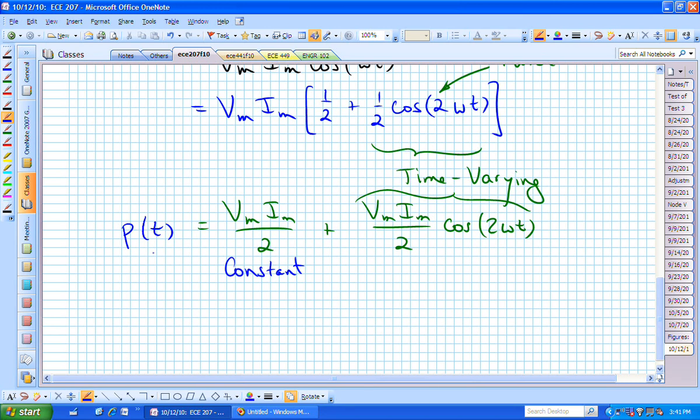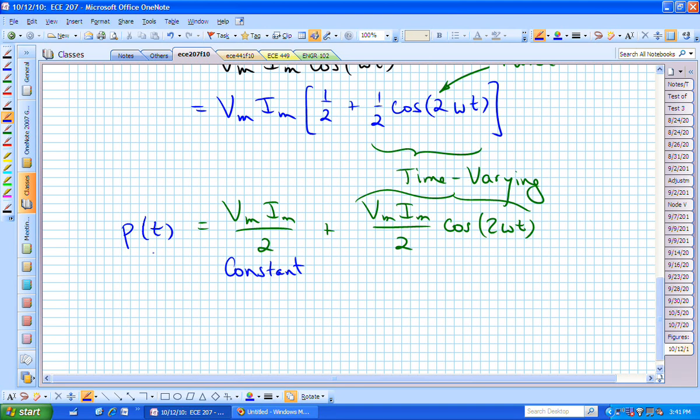And this cosine has two periods within the fundamental period of the voltage or current. What happens if we integrate two periods of a cosine waveform? Zero. We have positive area and negative area, and they equal each other. That time-varying piece would average out to 0.